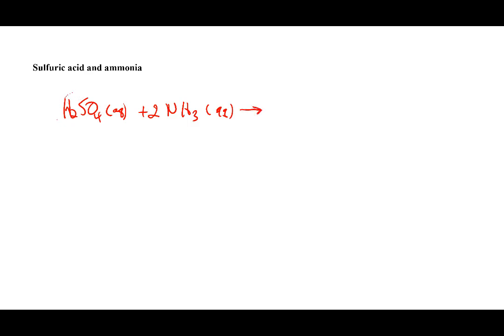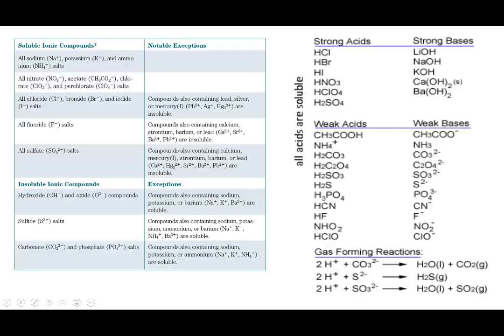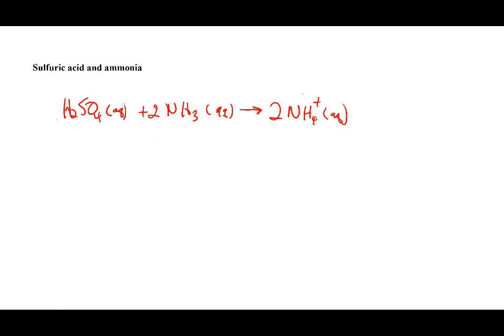And our products are going to be, the hydrogens are going to go on the NH3, so we're going to make NH4 plus, and that's going to be aqueous. And we're going to make 2 of those because we have 2 hydrogens here and 2 ammonias, and we're going to be left with sulfate ion, which is aqueous.